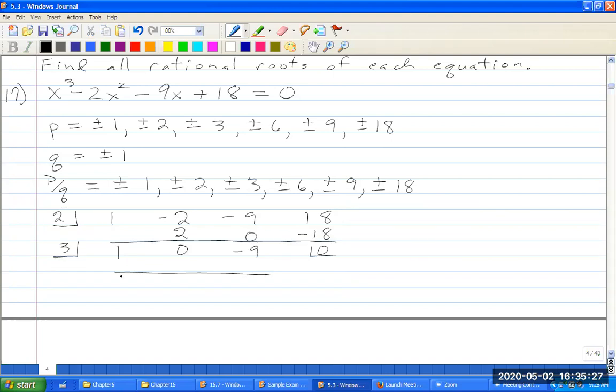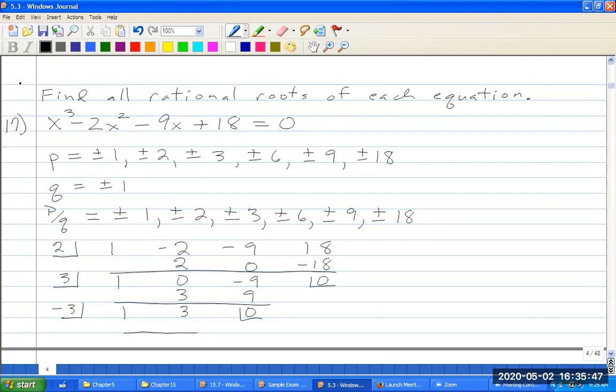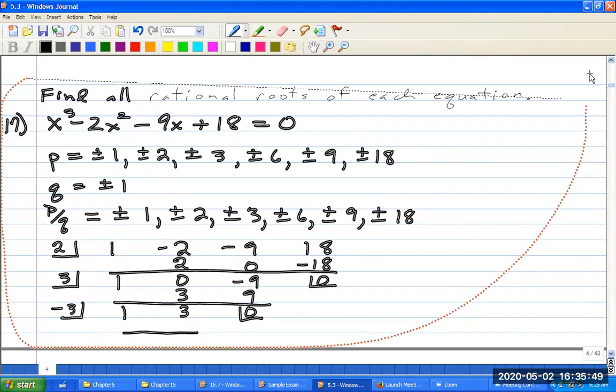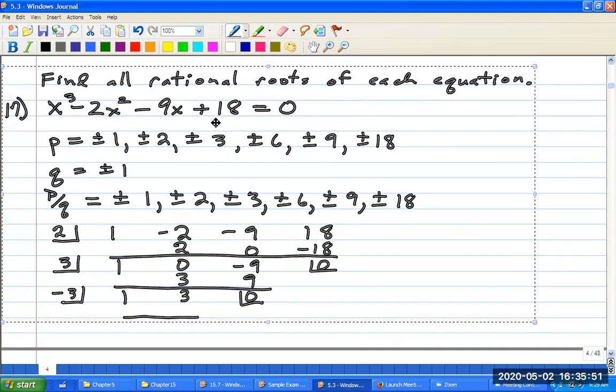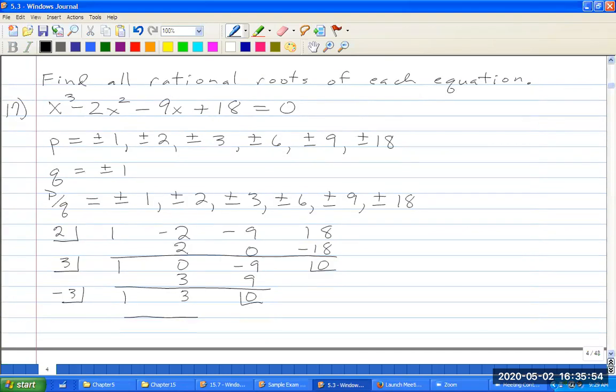Okay, so drop down the 1, times 3 is 3, plus 0 is 3, times 3 is 9, minus 9 is 0. And lastly, let's do minus 3. Just pull it up one more. Okay, so drop down the 1, times minus 3 is minus 3, plus 3 is 0. And so I just get down to nothing.